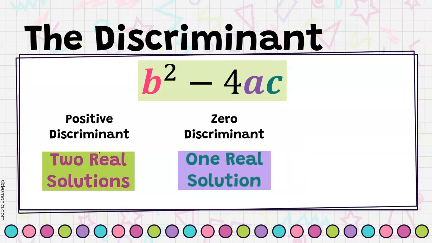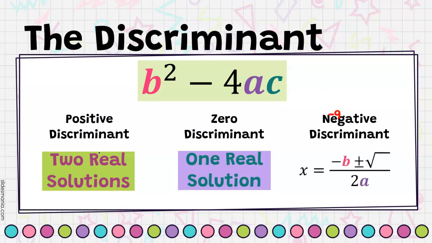Now the last situation, see, is the negative discriminant. So if we had the quadratic formula and we had a negative number underneath the square root, we've talked about this a little bit in class, but you can't take the square root of negative numbers. For instance, in order to get a negative 9, I would have to have one number being a positive 3 and one number being a negative 3.